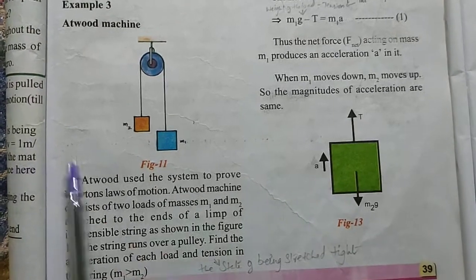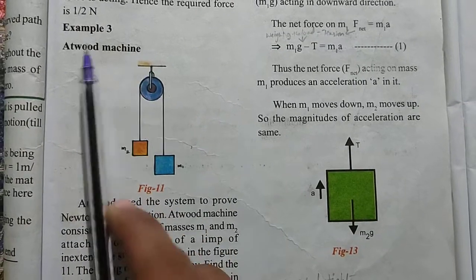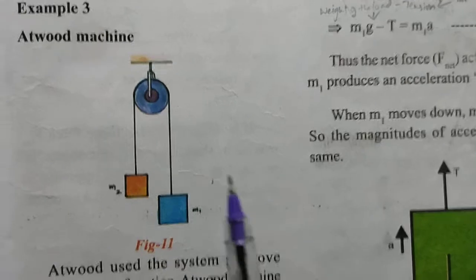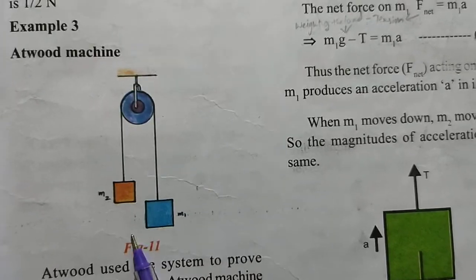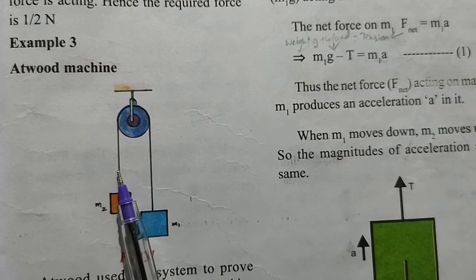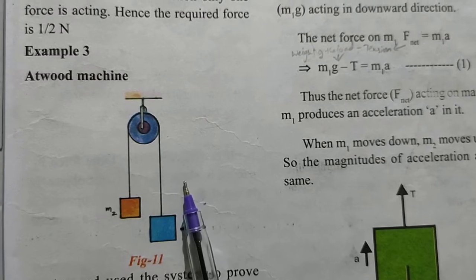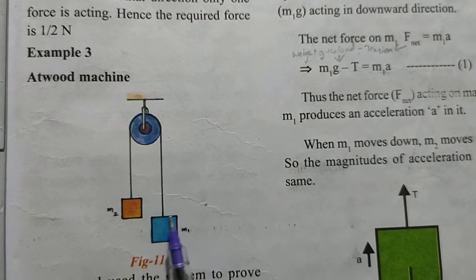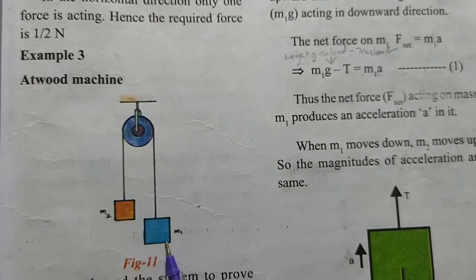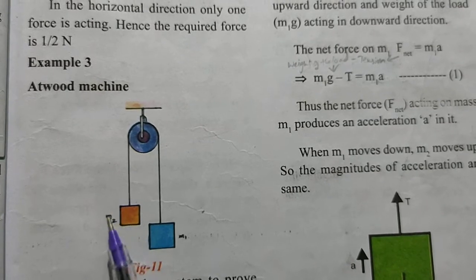Now we'll solve example number 3, Atwood machine. See this figure. Here you can observe that there are two weights hanging with the help of a string. Here M1 has a greater mass than M2. The mass of M1 is this box and M2 is this box.